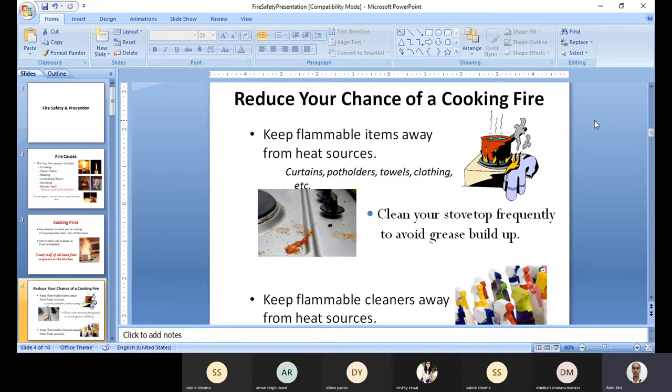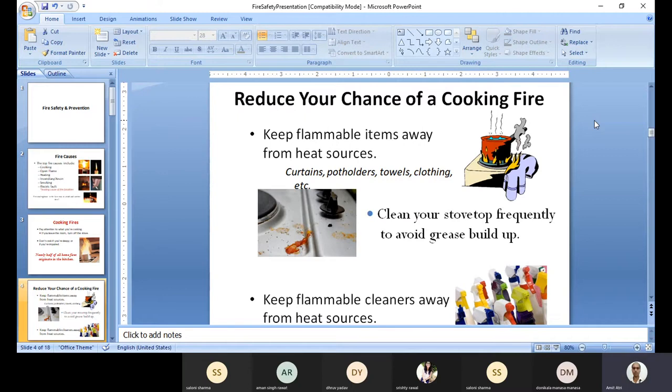Don't light a matchstick, don't smoke, and don't even switch on the light when there is a gas leakage. Just open the windows so that the gas can go out of the house itself. These are some of the inflammable items. The LPG cylinder itself is also an inflammable item.